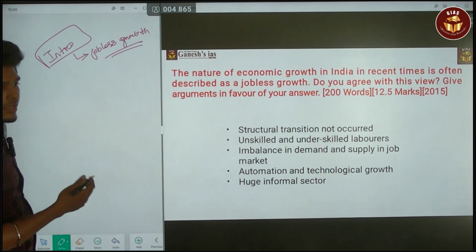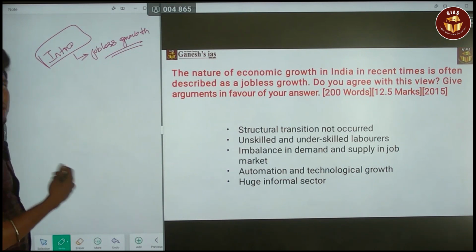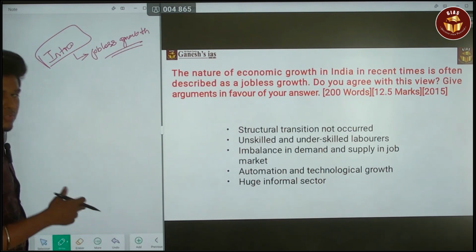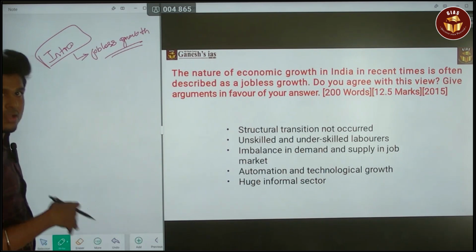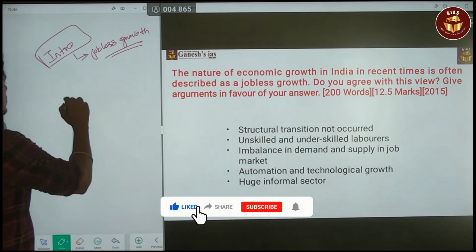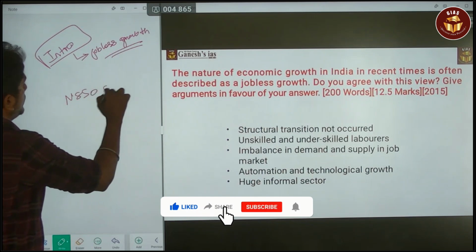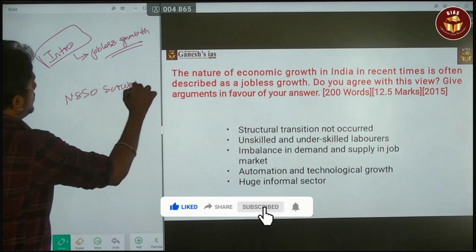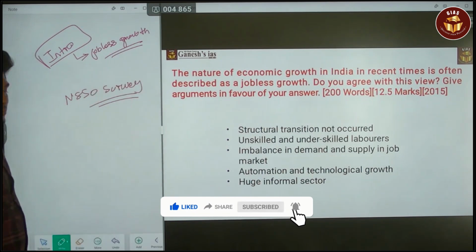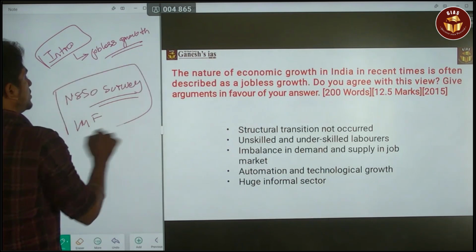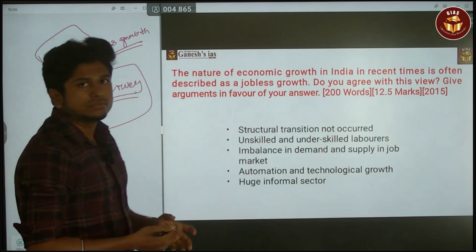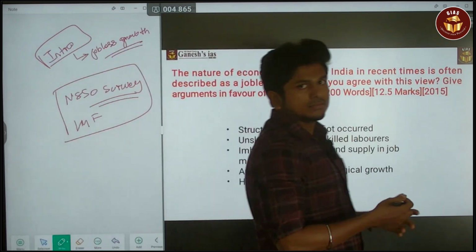It is either in a stagnant phase or in a downfall phase. In that way you can say it, or else you can quote the IMF data, and also the NSSO survey data of India's unemployment. Okay, so you can club it in the intro itself. That is one way of answering.